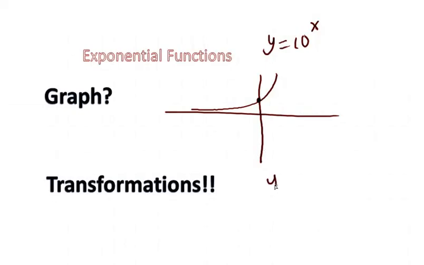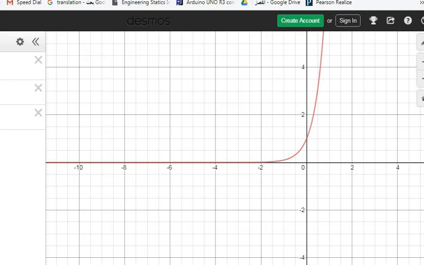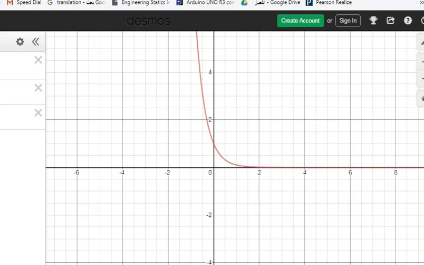Let's graph y equals 10 to the power of negative x. This is the same function but reflected in the y-axis, reflected horizontally.